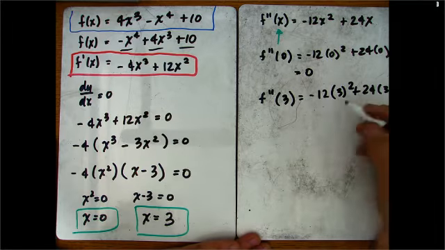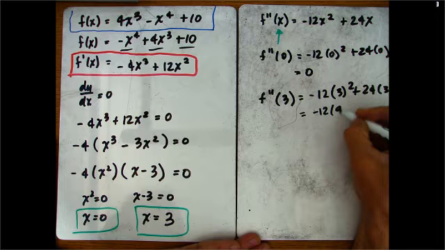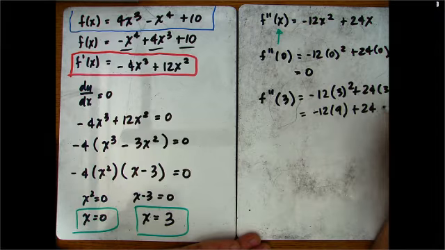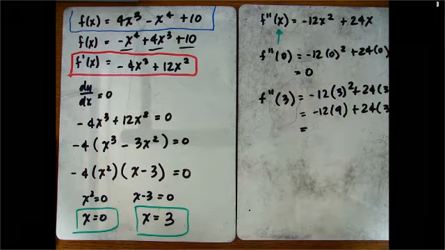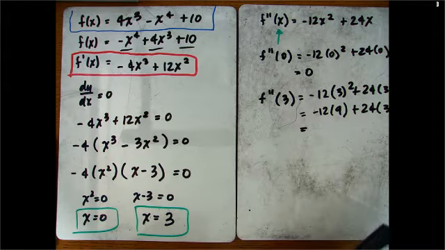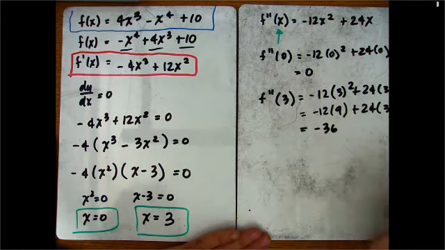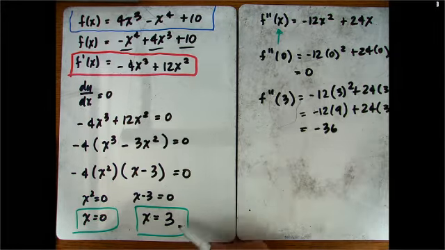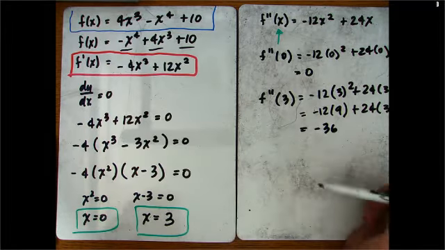That means we have negative 12 times 9 plus 24 times 3, which is negative 36. So at this point, where x is 3, we have a negatively valued second derivative.